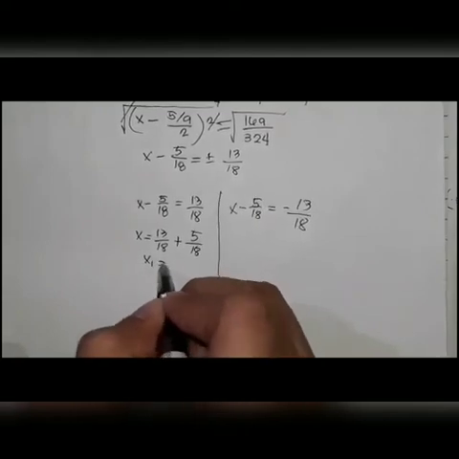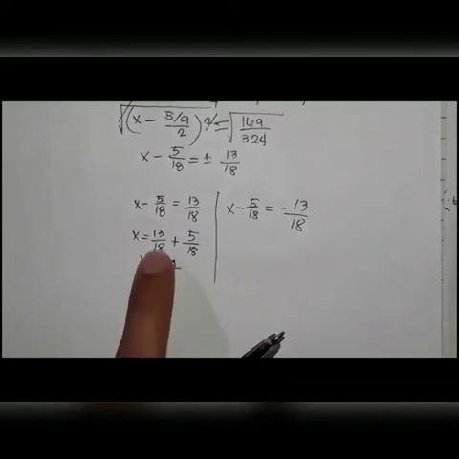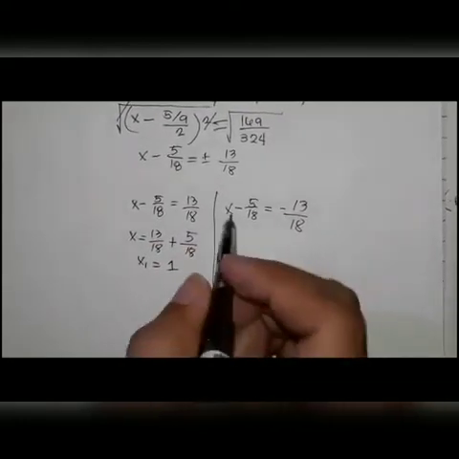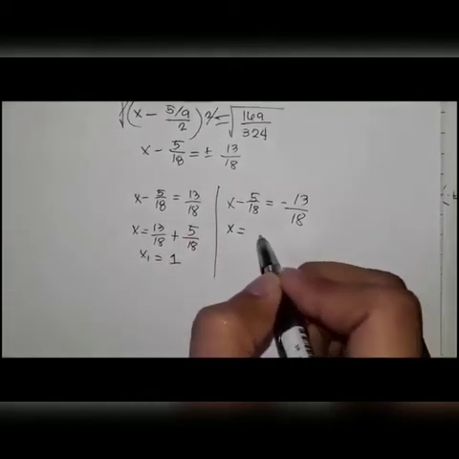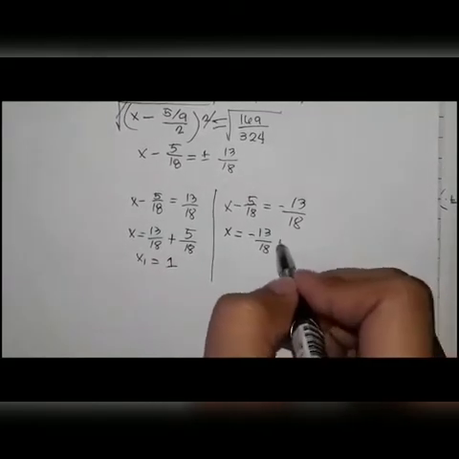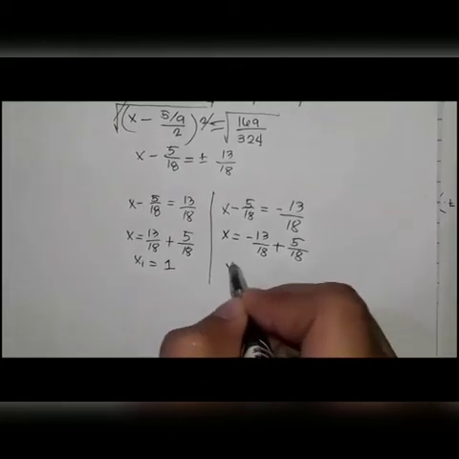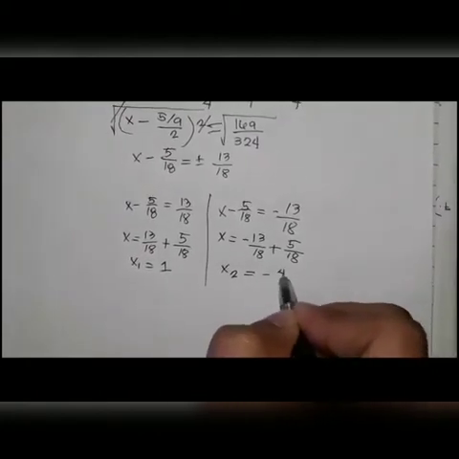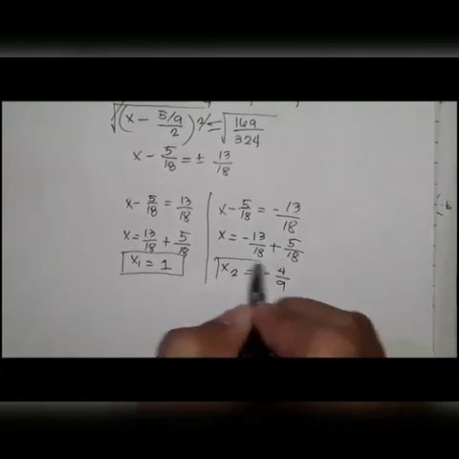Our first root is 1, since 13 plus 5 is 18, then 18 over 18 is 1. Next is x is equal to negative 13 over 18 plus 5 over 18. So our second root is negative 4 over 9. So these are the roots of the equation.